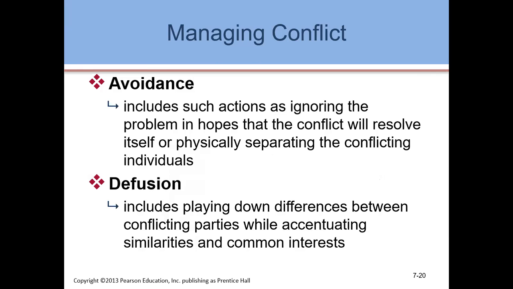The first method can be avoidance, which includes such actions as ignoring the problem in hopes that the conflict will resolve itself, or physically separating the conflicting individuals. Another step which can be taken is diffusion, which includes playing down differences between conflicting parties while accentuating similarities, highlighting similarities and common interests.